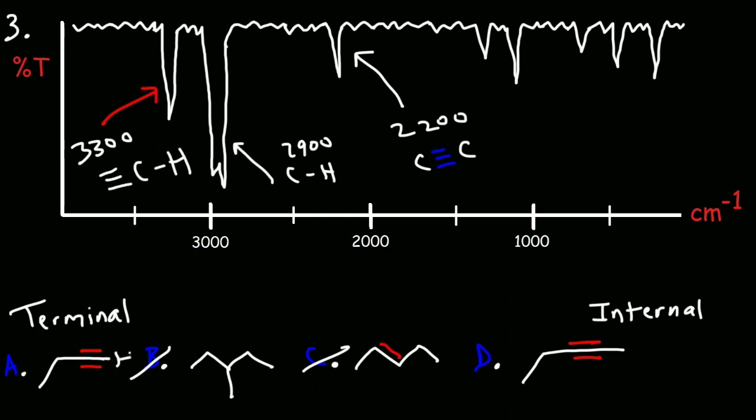The internal alkyne doesn't have a hydrogen attached to the triple bonded carbon atoms. So D is out. Therefore, answer choice A is correct. So that's how you could distinguish a terminal alkyne from an internal alkyne. It's the presence of the signal at 3300.